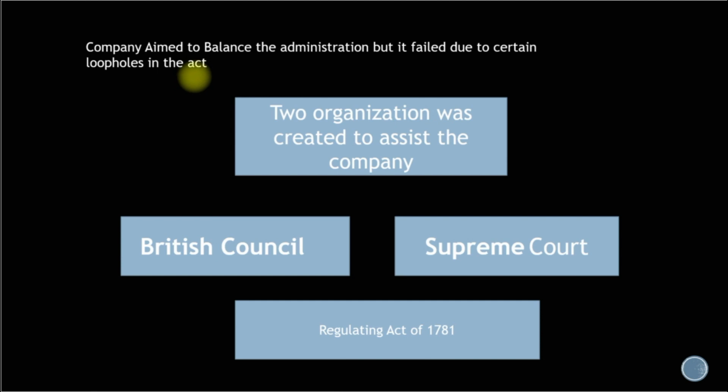Now let us see what were the loopholes which led to the failure of balancing the administration with the company. Number one, two new organizations were created to assist the company. That was the British Council and the Supreme Court.